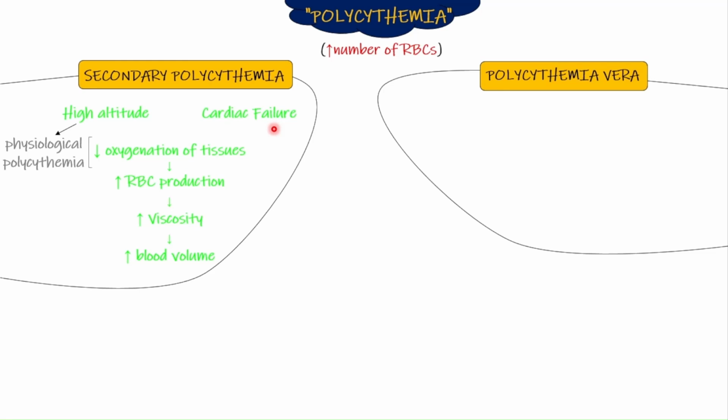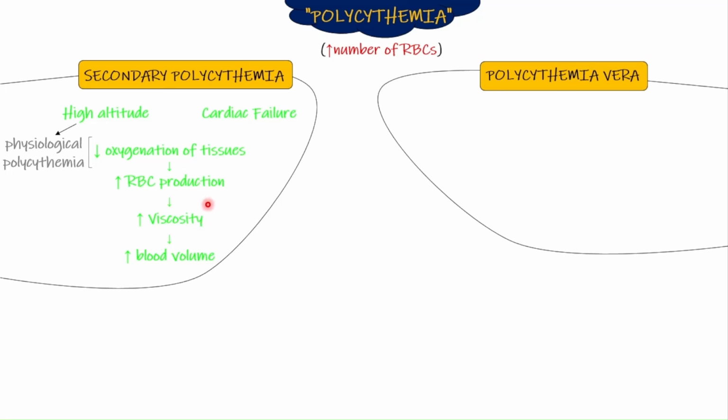So either it is because of a secondary cause like high altitude, or because of some clinical reason like cardiac failure, the tissues are not being oxygenated well. And whenever the tissues are not being oxygenated well, this will result in increased RBC production. Whenever the number of red blood cells is increased, there will be an increased amount of friction between those red blood cells, which will lead to increased viscosity.